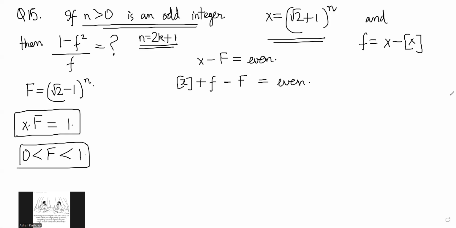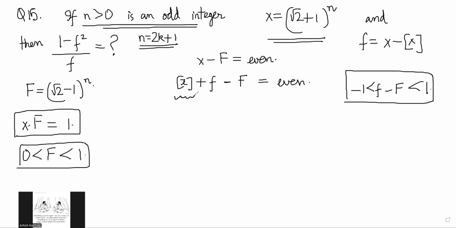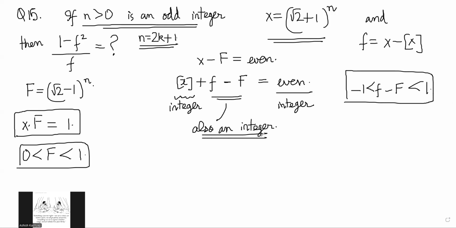If you think about f minus F, both of them are fractional parts, so it will be between minus 1 and 1, right? And we have this is an integer and this is an integer. So f minus F is also an integer. And if f minus F is an integer and it lies between minus 1 and 1, the only possibility is equal to 0. So you are getting f is equal to capital F.